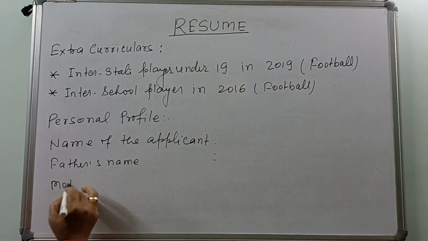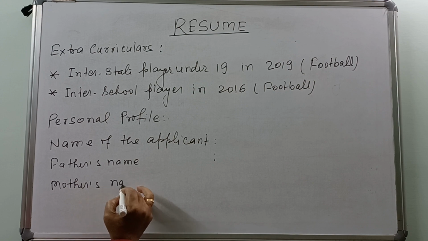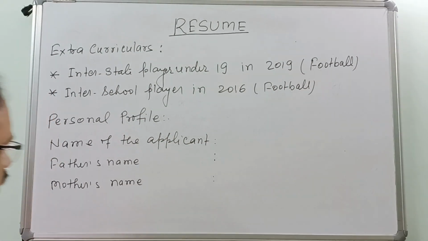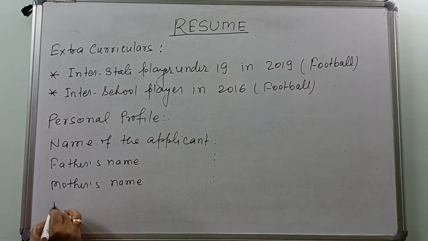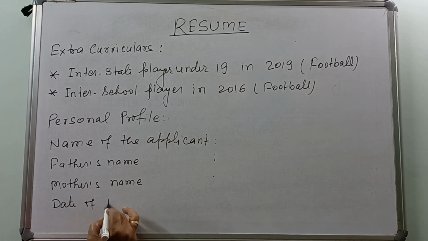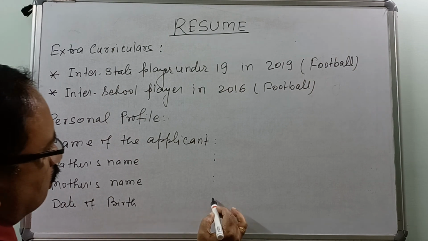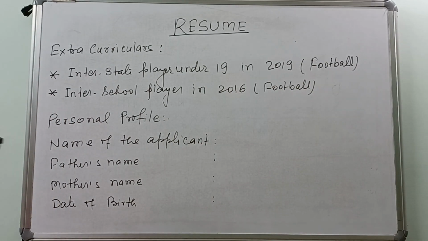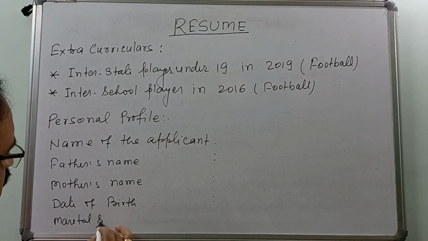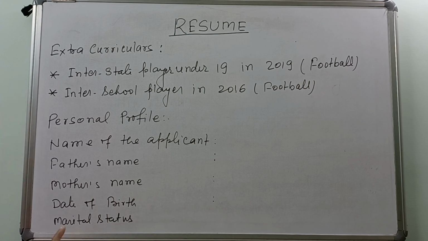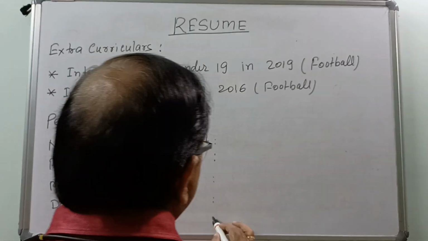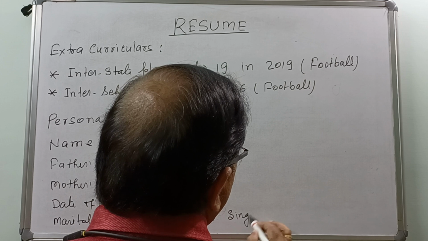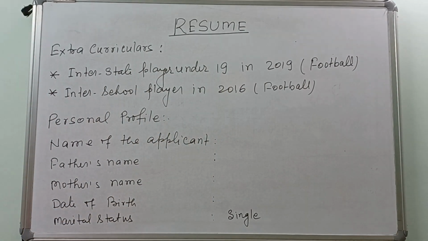Then mother's name, again, okay, right from here. Then date of birth, okay, right like here. And after the date of birth you may write marital status. Again, I want to tell you the marital status is not the exact spelling, but in this day we are using it. Marital status, so you should mention here single. Don't use unmarried, right? We are going to continue.